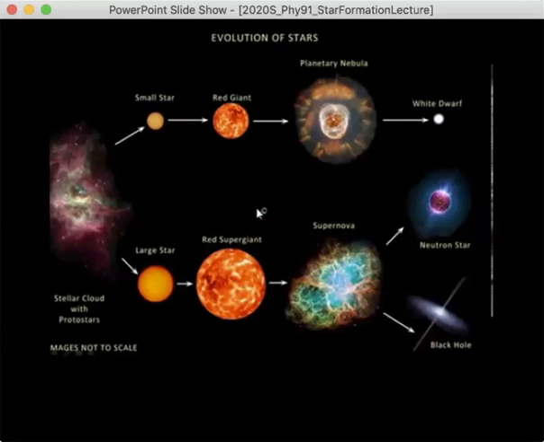So if I want to study the evolution of a star, I can't focus on one star and watch that star go all the way from birth to death. That'd be more painful than watching the grass grow. Nothing would happen over the course of a human life, because the time scales are so much longer than human lives.